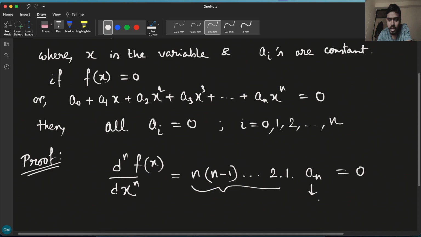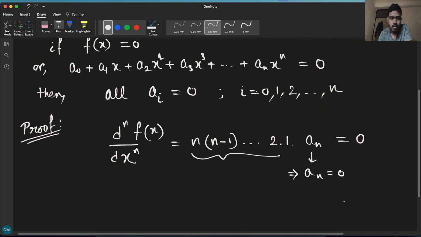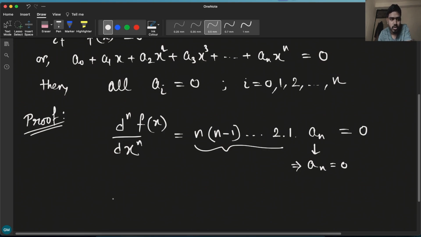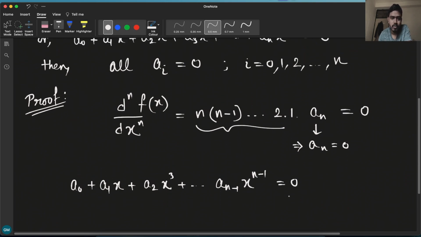It means an equals 0. Then as an equals 0, we are left with a0 plus a1 x plus a2 x square plus dot dot dot a n minus 1 x to the power n minus 1 equals 0.